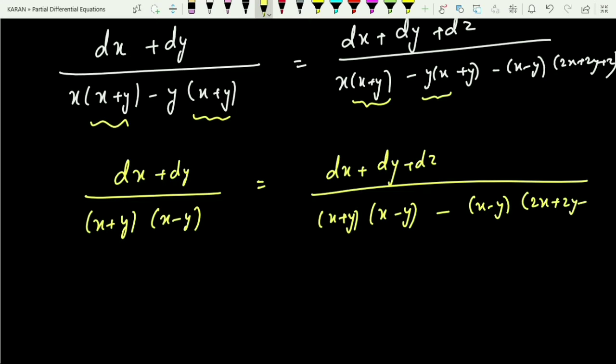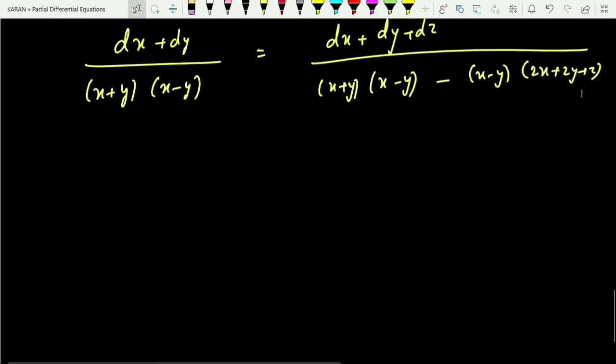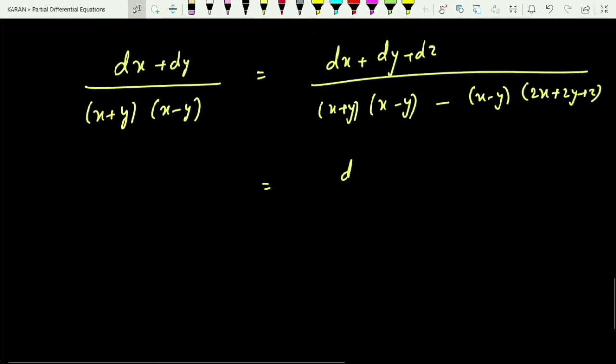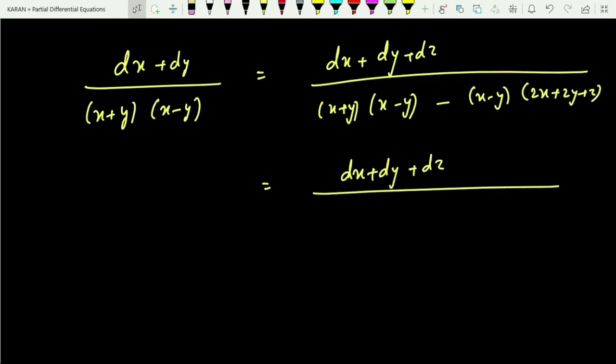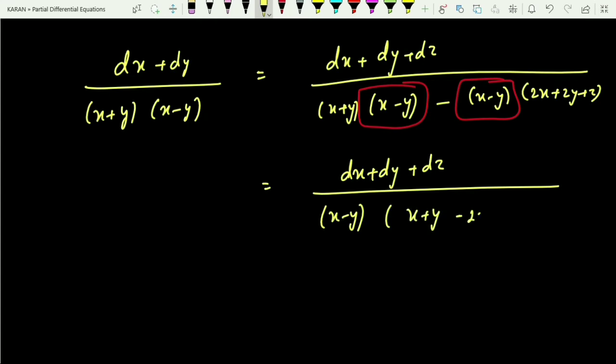And now throughout you can see that x minus y is common. So in the next step you can write dx plus dy plus dz divided by x minus y, taking it out common. In the bracket, x plus y minus 2x minus 2y minus z.